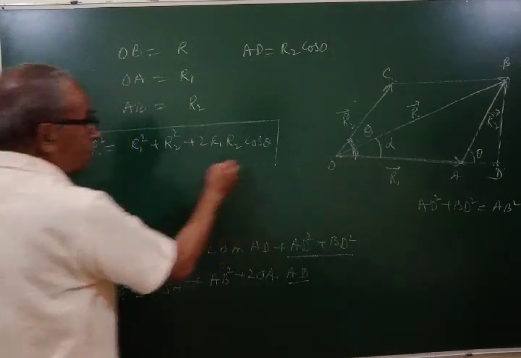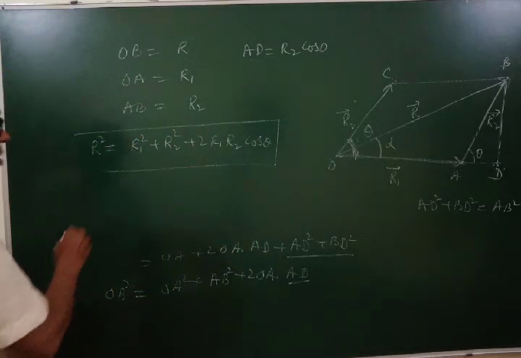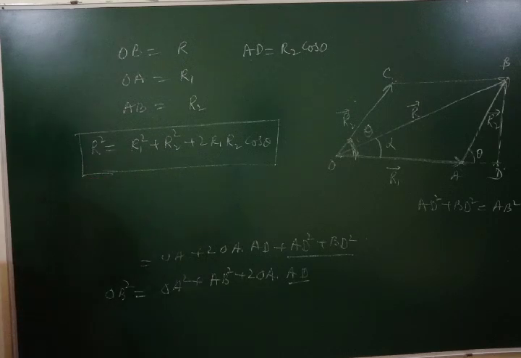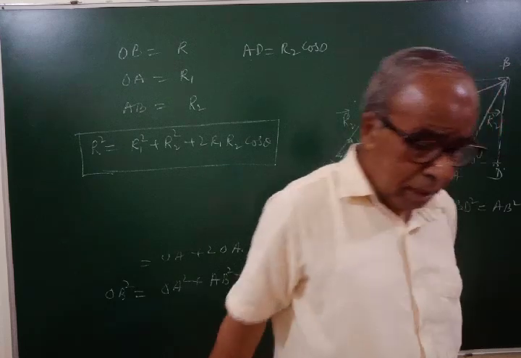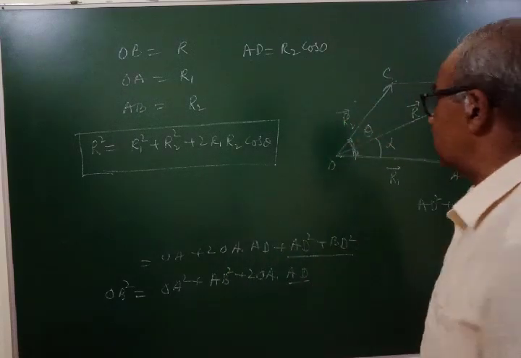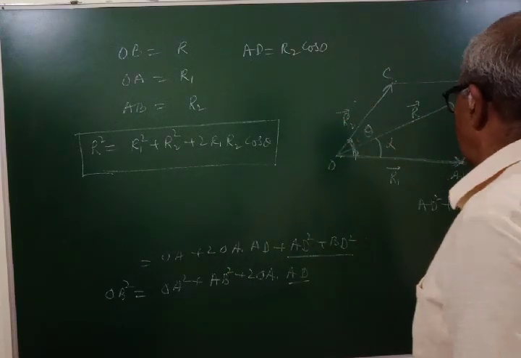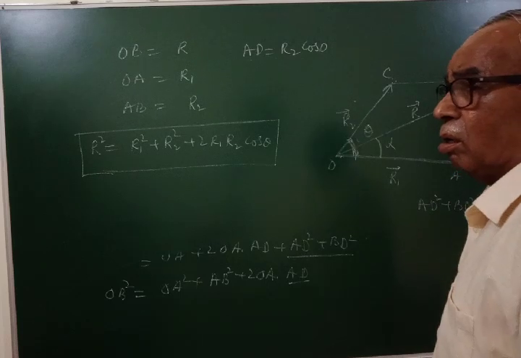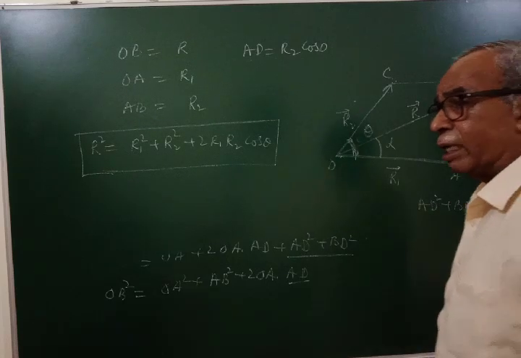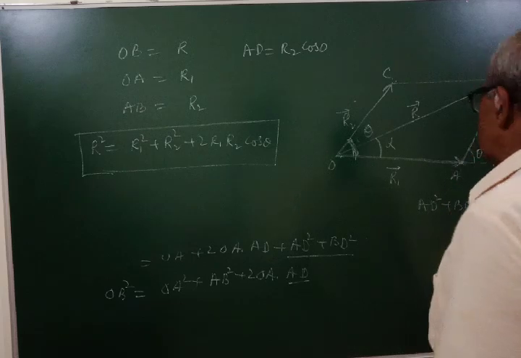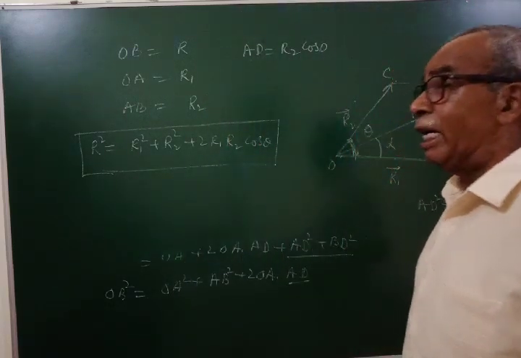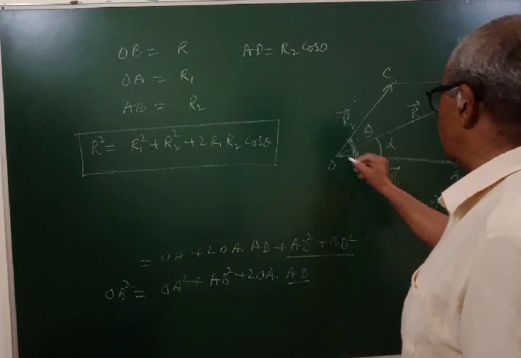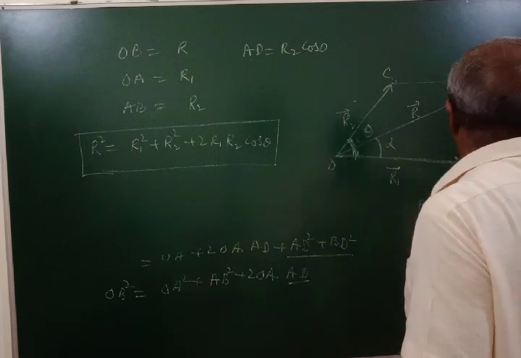In class 10 there is a theorem: in an obtuse angle triangle, the square of the side opposite to the obtuse angle is equal to the sum of the squares of the two sides plus twice the area of the rectangle formed by one side and the projection of the other.